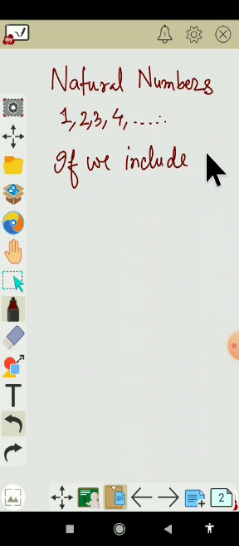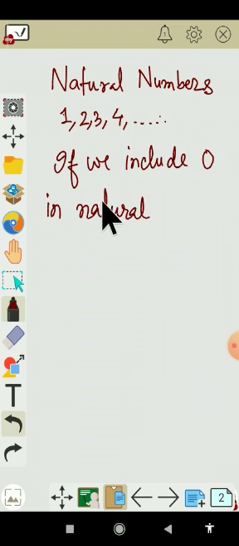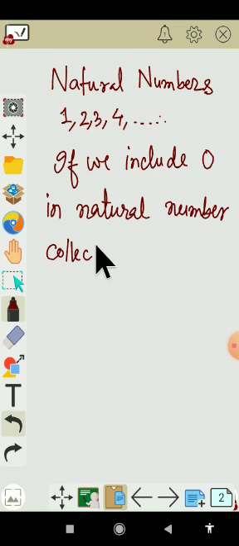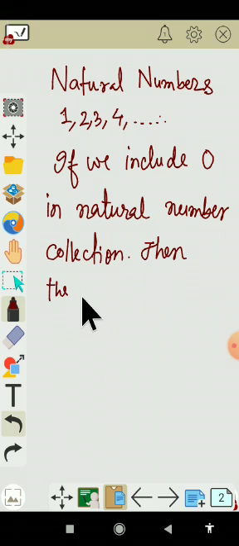If we include 0 in the natural number collection, then the collection becomes whole numbers.